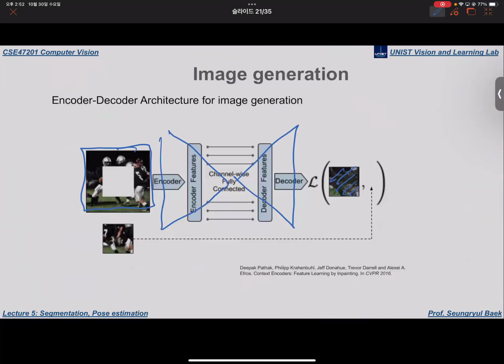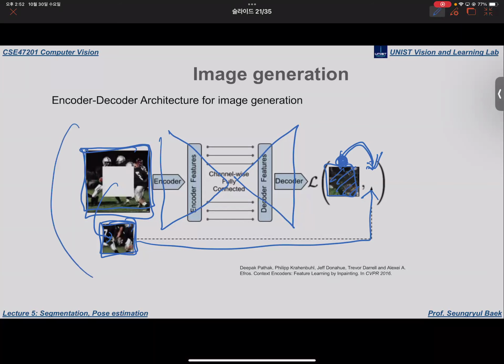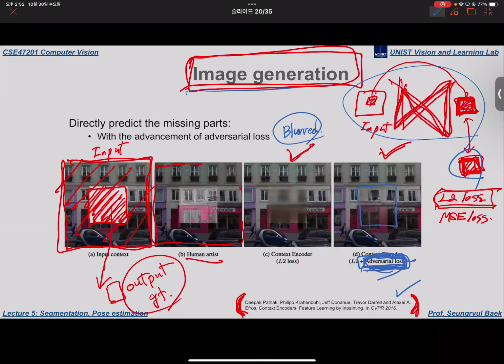But in this application, given only images, you can generate their ground truth easily by just cropping that part, and then supply it as the ground truth of this network. You make the network's output close to the ground truth centered region. Using only this, a decent quality can be achieved.